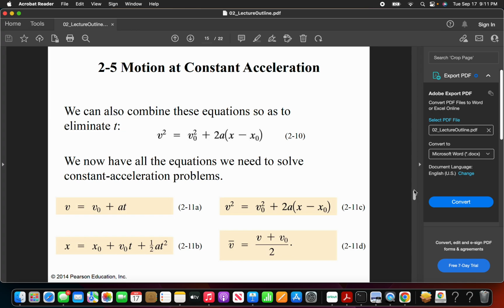A lot of times when you start to read these problems, there are certain things that they give you, and you're going to be like, oh, I know which equation. It's obvious, because there are certain equations where you have to have certain things in order to solve them correctly. But pay attention to 2-11b and 2-11c.